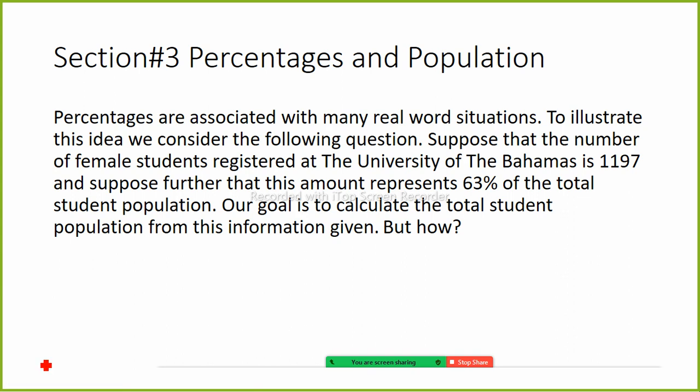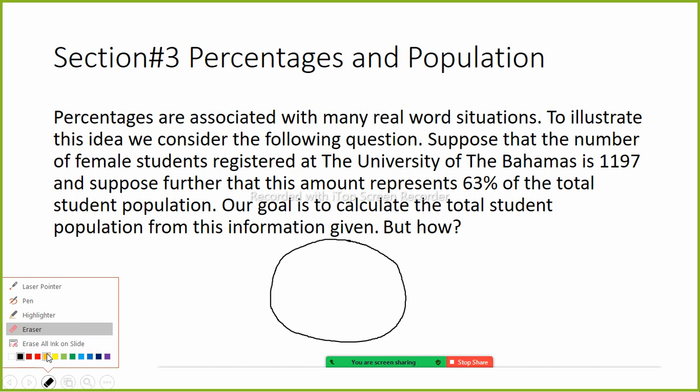Imagine if the total student population, we could represent it using a pie chart. We know that there are going to be two genders, male and female. We have 63%.